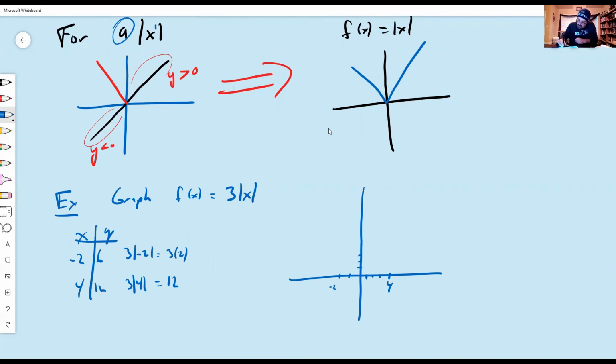So at -2, we're up here at 6. Over here, we go 4 to 12, so we're way up here. And if x is 0, that's always going to put 0 right there. So it's going to be a V shape. It goes up very, very fast.